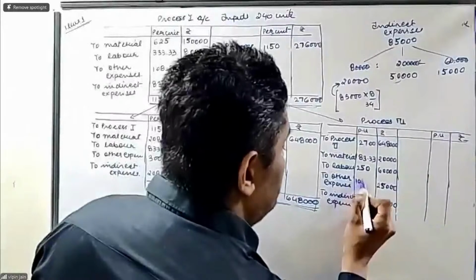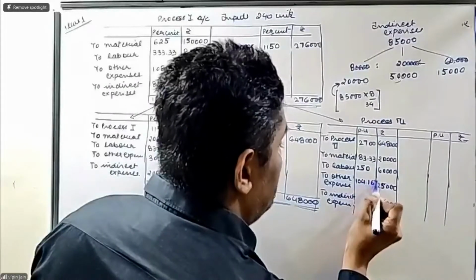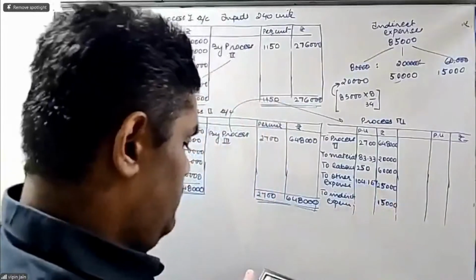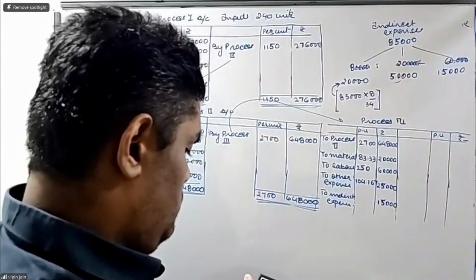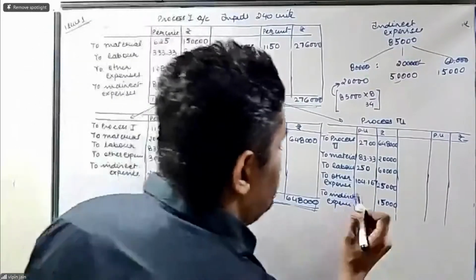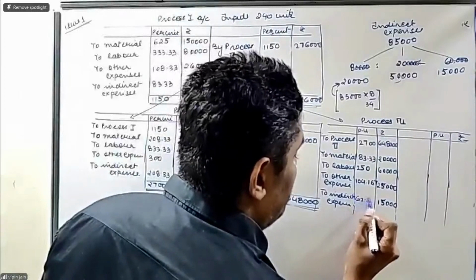This will be 104.167. This will be 62.5.